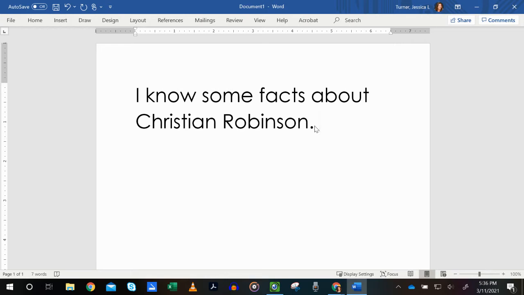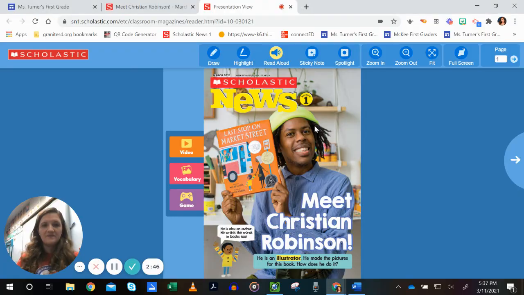This helps the reader know that we are moving on to a new thought. Okay, what is our helping word to start us with sharing facts? We write the word first. That's right. First, comma. And now let's look at our Scholastic News and find out some facts.